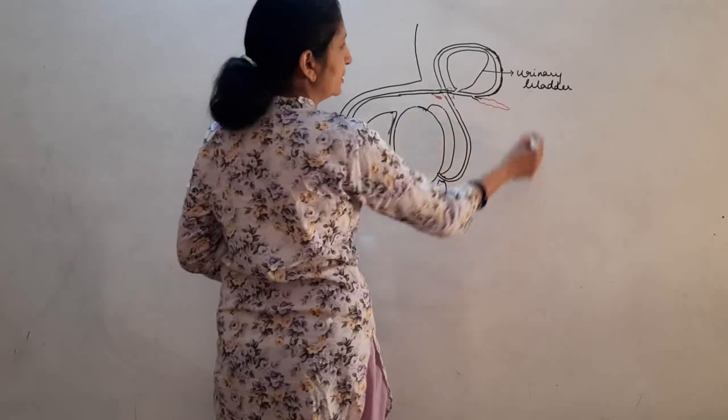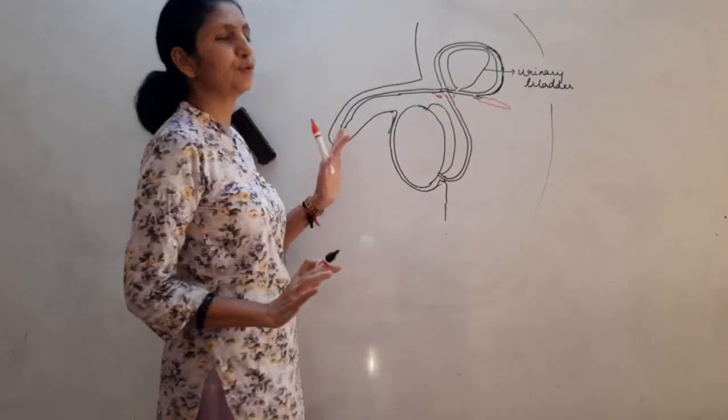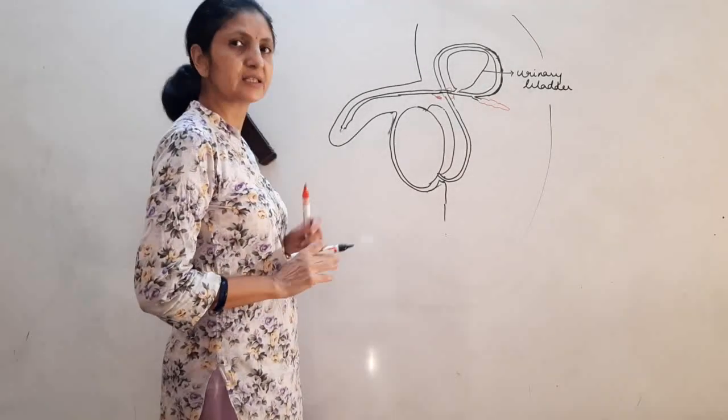Like this, right? And then you can draw it like this. So this would give you an idea of the male reproductive system एक drawing के लिए.